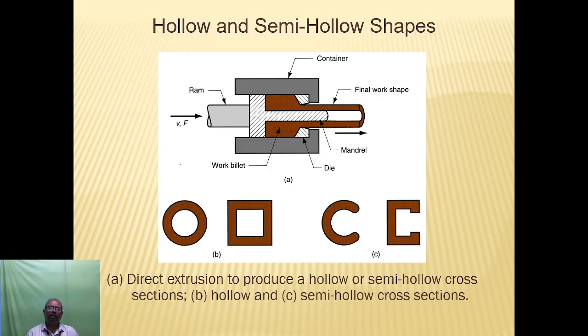So figure A shows the working principle and parts of the direct extrusion used to produce hollow or semi-hollow cross sections. Figure B shows the circular hollow shapes which are produced from this extrusion process. And figure C shows the semicircular cross sections produced from this direct extrusion.